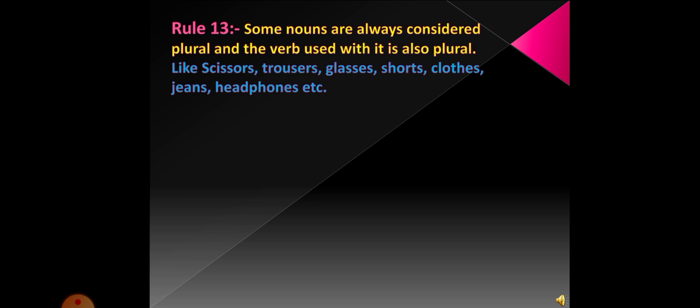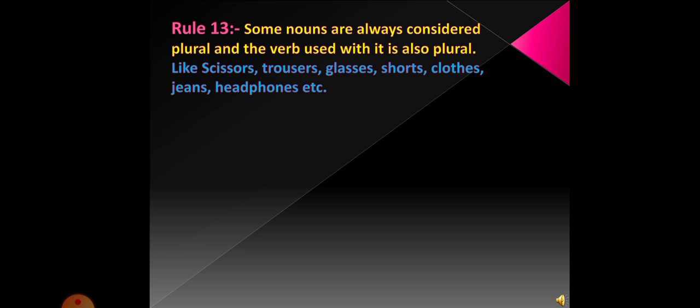Some nouns are always considered plural and the verb used with them is also plural. Like scissors, trousers, glasses, shorts, clothes, jeans, headphones, etc. These are some nouns and they are always considered plural. They can't be singular. You can't take a singular form of these nouns.